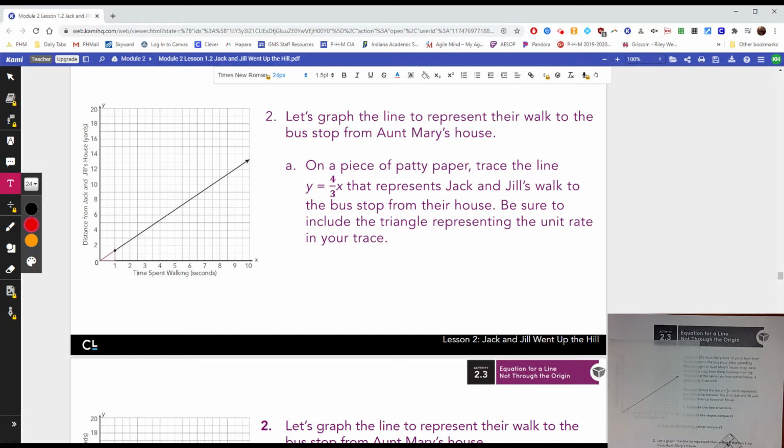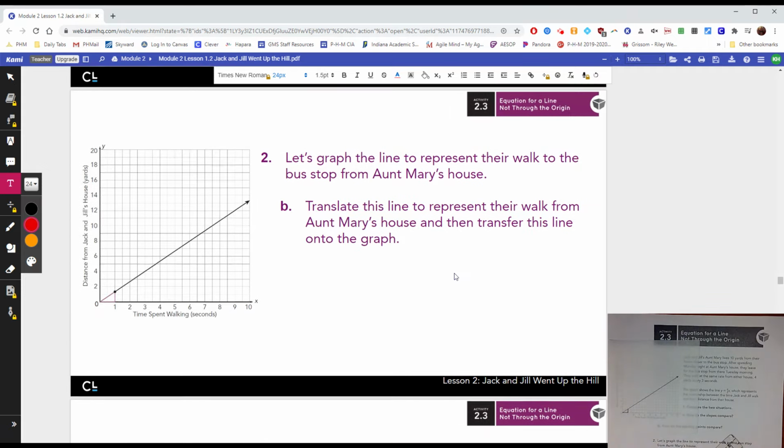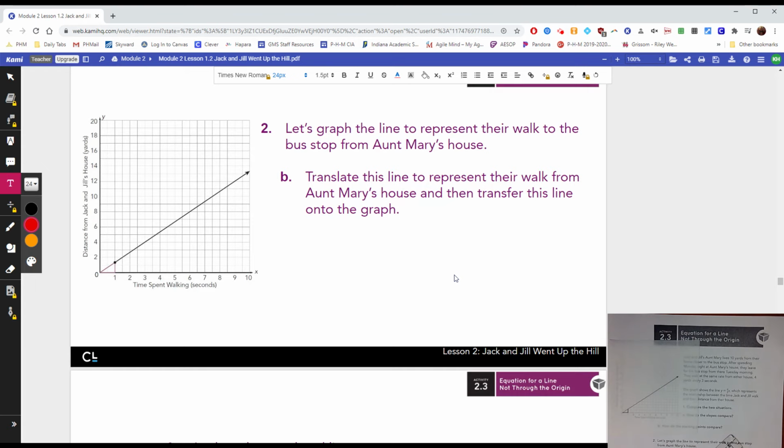It also says be sure to include the triangle representing the unit rate on my trace. So that would be right down here. They have it highlighted in your book in a purple color. There's my unit rate, the triangle for unit rate. Now it says translate this line to represent their walk from Aunt Mary's house and then transfer this line onto the graph.